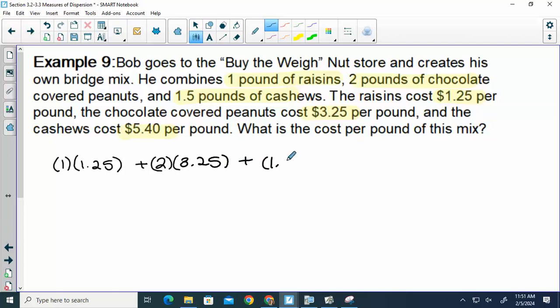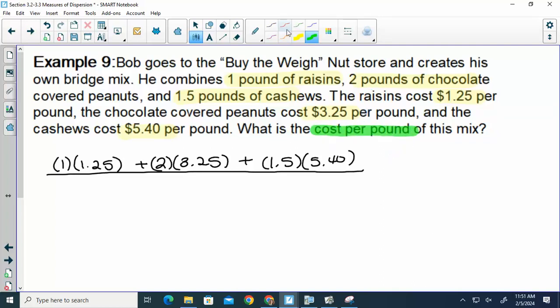We have 1.5 pounds of cashews, and those cost, divided by... this is where people get confused sometimes, what should go on the denominator. A good hint is to look right here: it's cost per pound. So the top of this fraction should be cost, and the bottom should be total pounds.